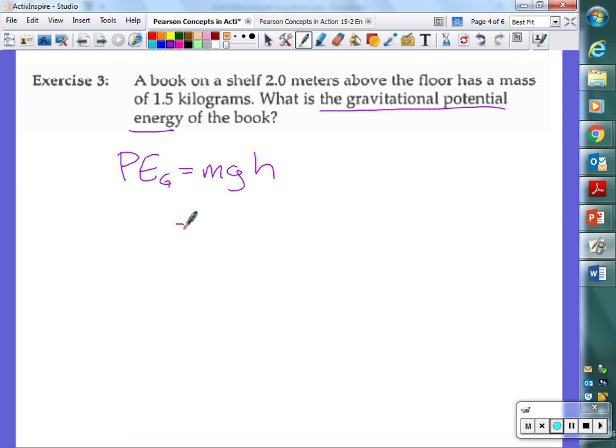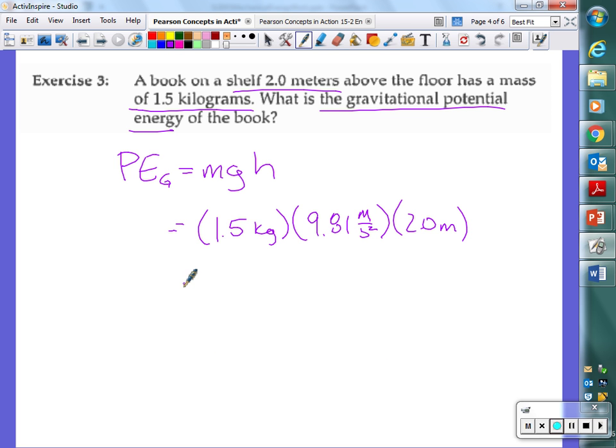And then it told us that the mass of the book is 1.5 kilograms, so that goes here. We know that here on Earth, the acceleration of gravity is 9.81 meters over second squared, and then 2 meters above the ground, plugs in there, and then what did we get as far as the value, or the magnitude of this gravitational potential energy?